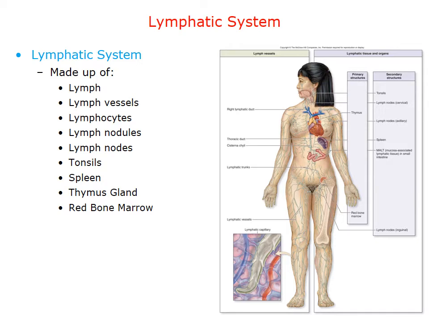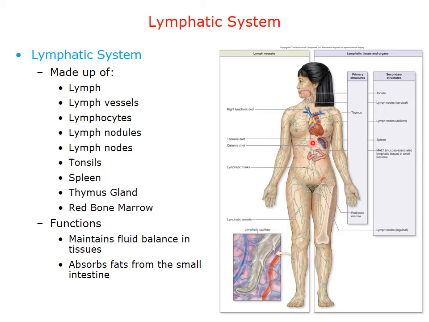The functions of this lymph system is, one, to maintain fluid balance in the tissues. We did talk again about this briefly when we talked about the fluid exchange between blood and tissues. And if you recall, it was the lymph system and the lymph capillaries that picked up the excess fluid that was remaining back in the tissues.